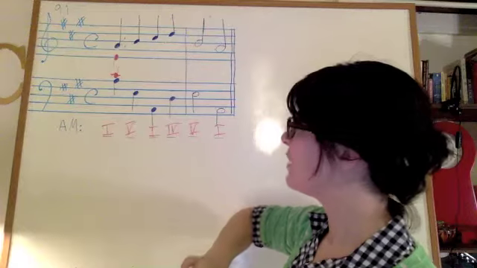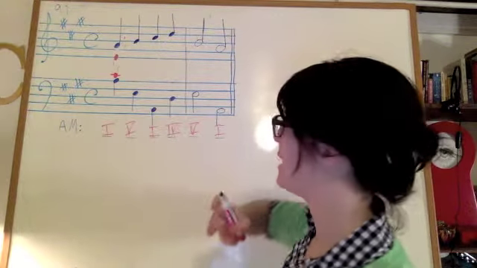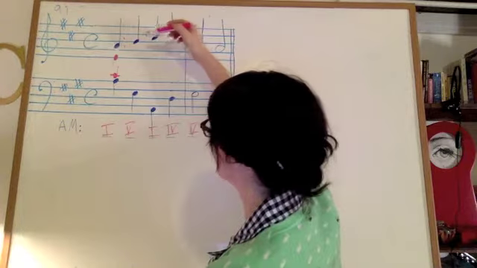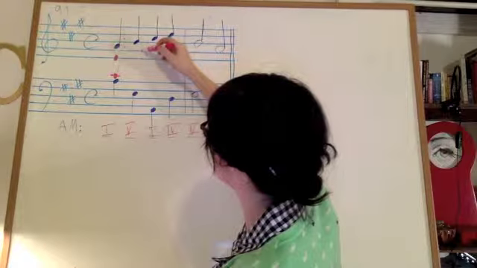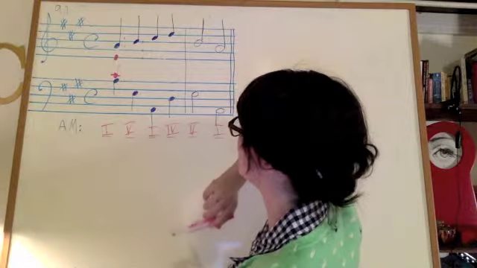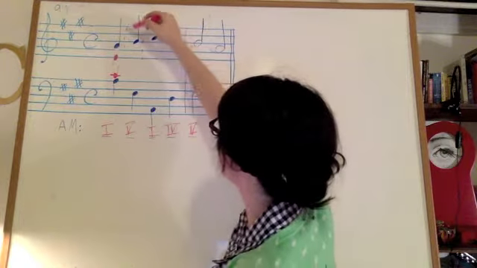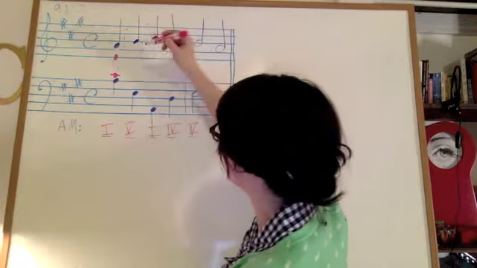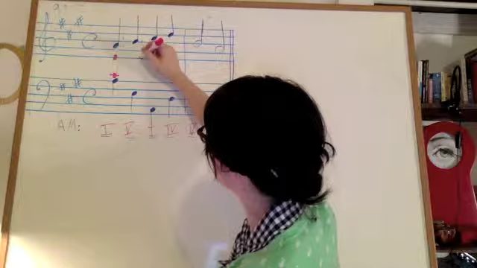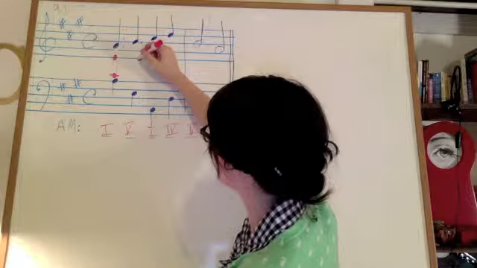Okay, so now we're moving on to 5, and here's where our skills come into play. Now, the 5 chord starts on E, so our notes are E, G, and B in our dominant chord, right? Now our E's match up, they carry over. So if we're going to follow rule number 1, this E is going to carry over.